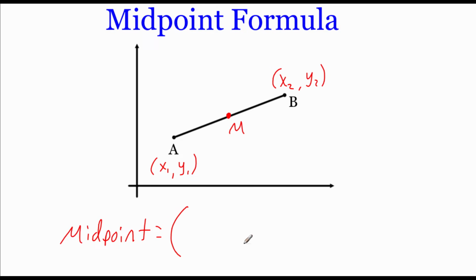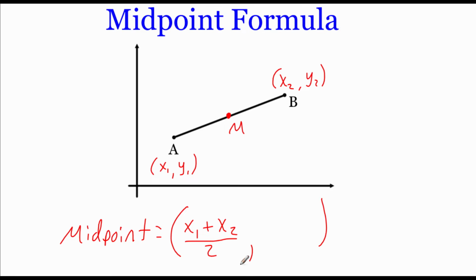To find that midpoint, we're going to build another ordered pair using the values given for point A and point B. When building the x value for this new ordered pair, we focus on the x values we were given: x1 and x2. We add those together and divide by 2.